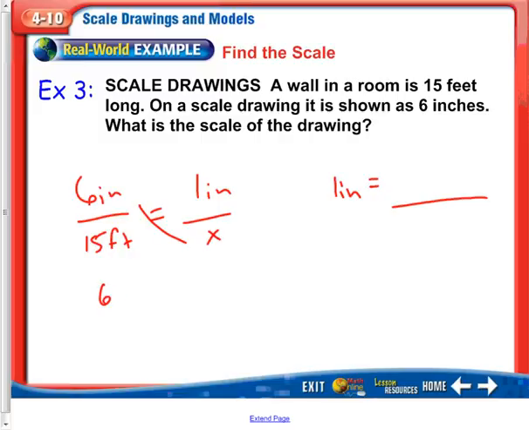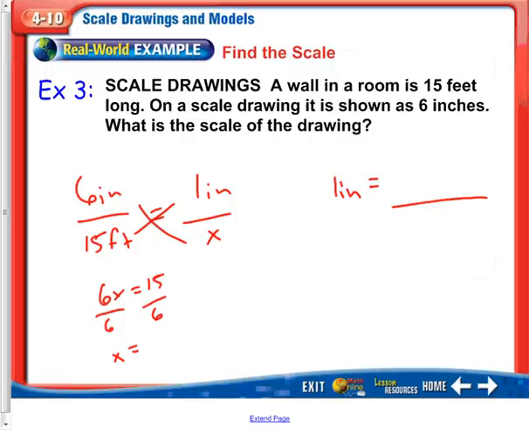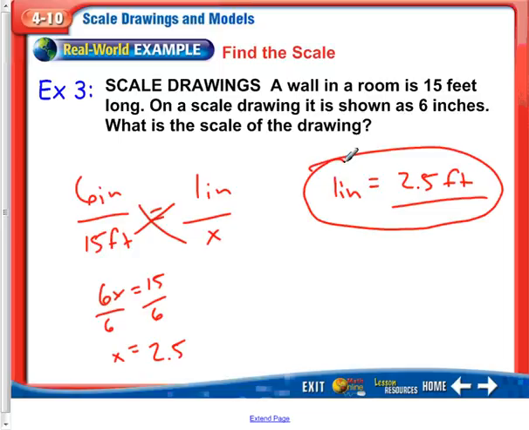So I get 6x equals 15, and divide by 6. So x is going to equal, and I'm going to have a decimal here, so 15 divided by 6 equals 2.5. So this actually works pretty well to find the distance. So 1 inch equals 2.5 feet, and that's going to be our scale of this drawing.